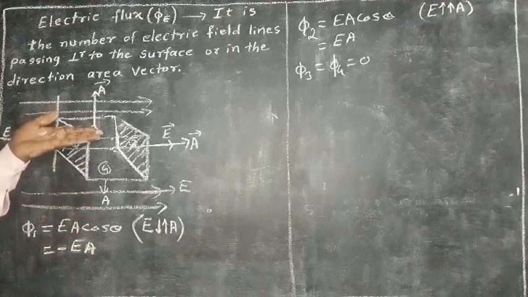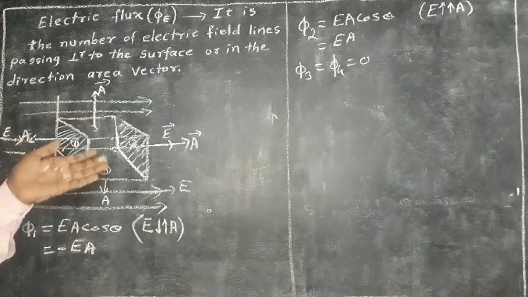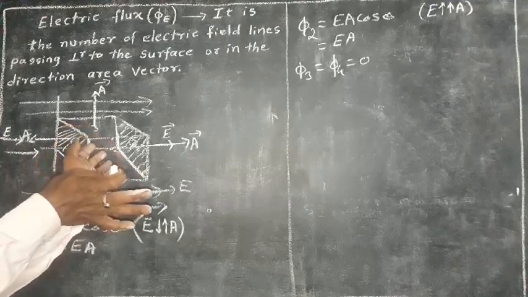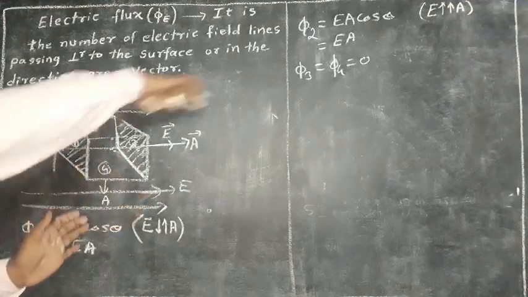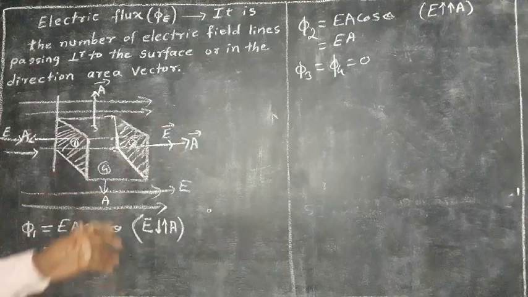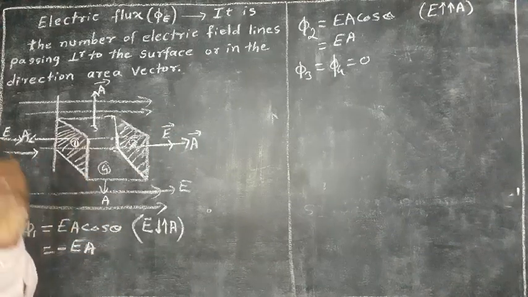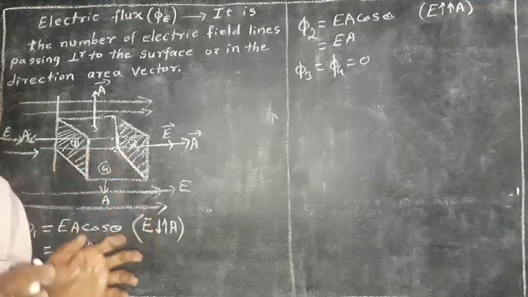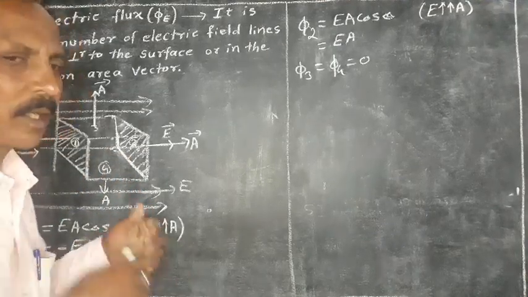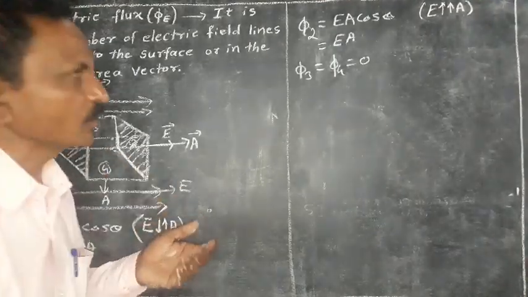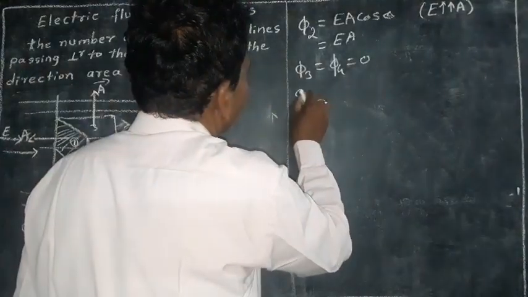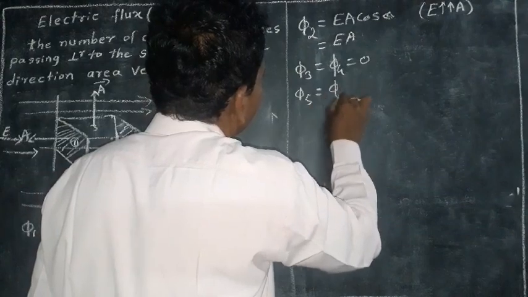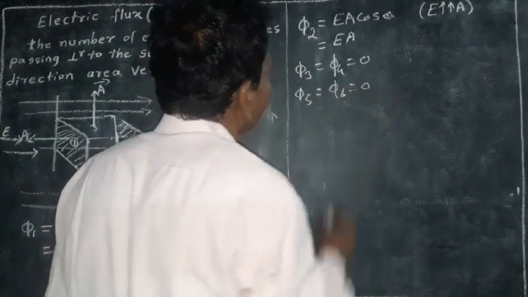And for the back surface, the area vector is perpendicular to the surface and the field lines are along the surface. The angle between them is 90 degrees. Therefore, cos 90 equal to 0. Hence, phi 6 is also equal to 0. Therefore, phi 5 equal to phi 6 equal to 0.